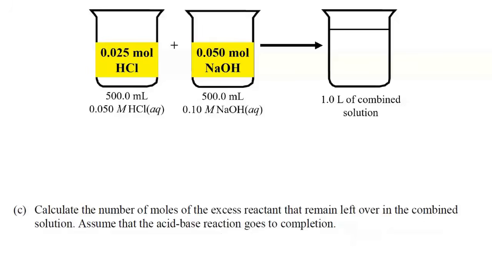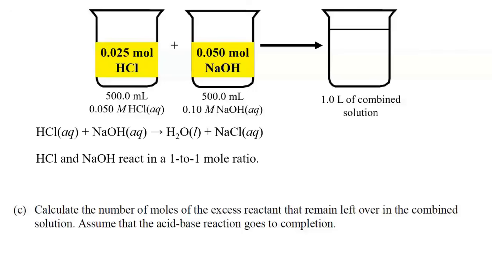Part C, calculate the number of moles of the excess reactant that remain left over in the combined solution. Assume that the acid-base reaction goes to completion. So HCl reacts with NaOH in a 1-to-1 mole ratio. It produces water and aqueous sodium chloride.